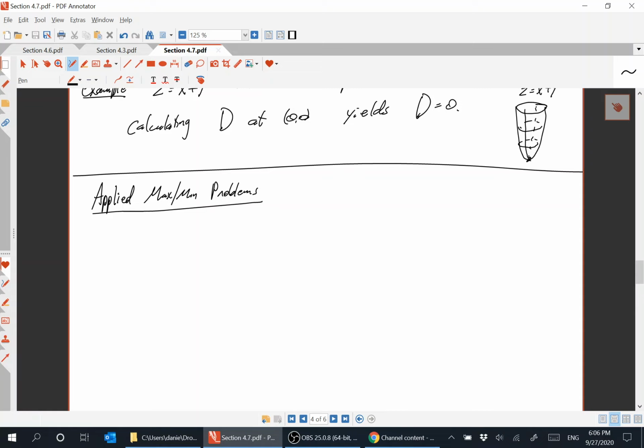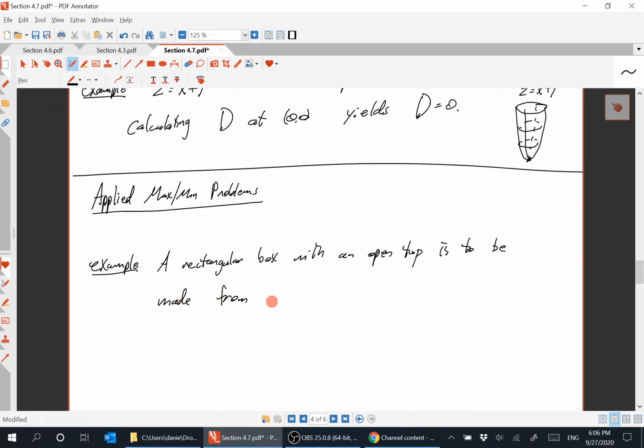So let's start with a very standard example. A rectangular box with an open top is to be made from two kinds of steel.